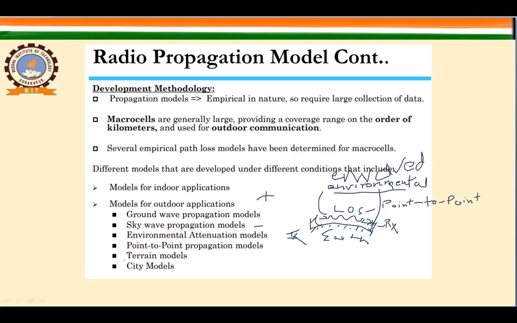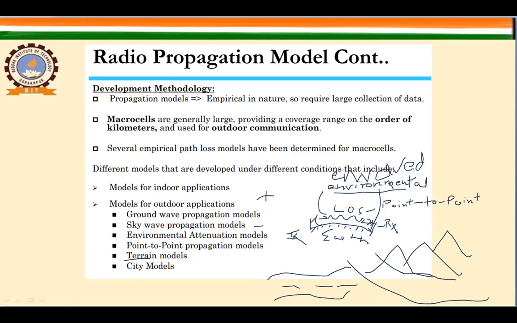This is called the terrain: natural things like mountains, rivers, balconies, and sea. This is a terrain.